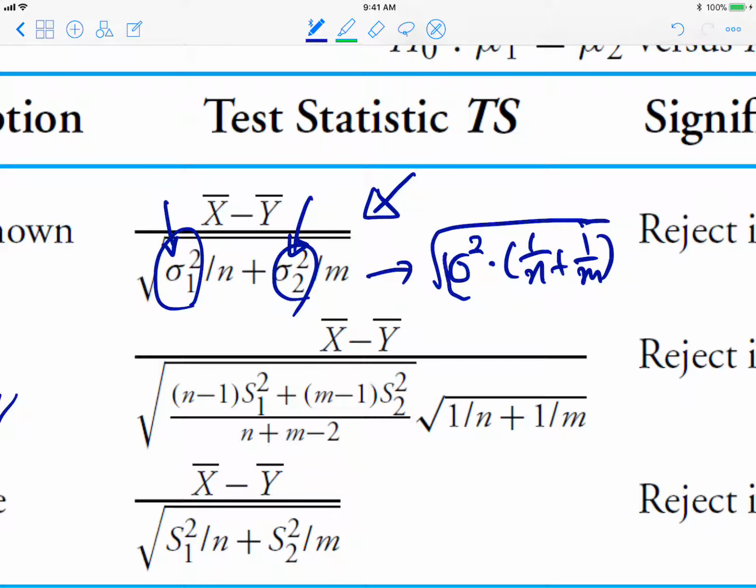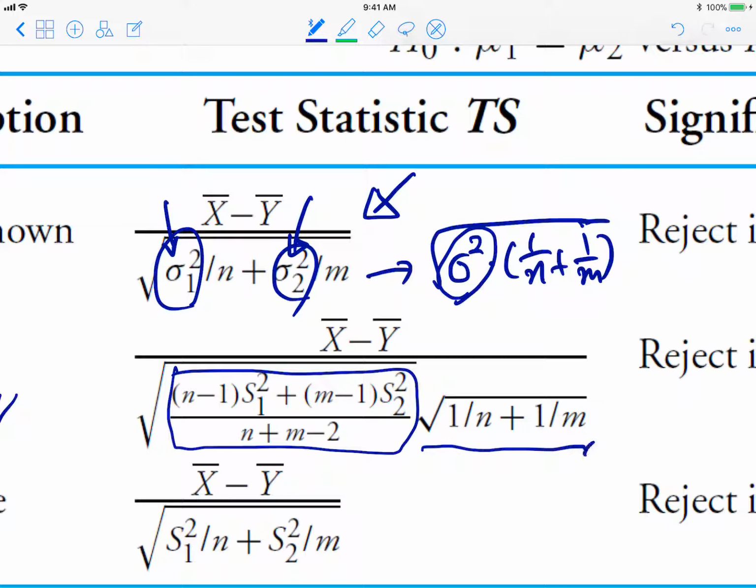Conceptually or intuitively, we replace the true sigma squared with our pooled variance, and the remaining part will be the same, right?